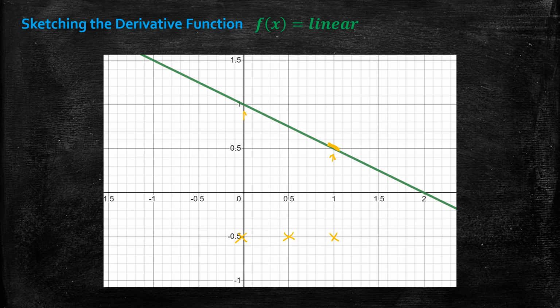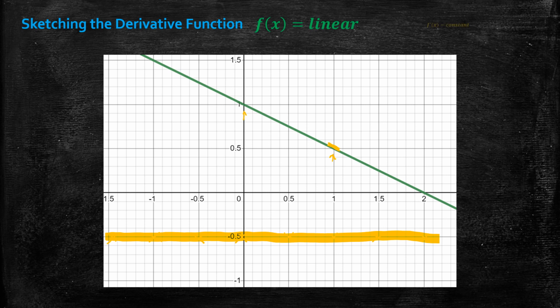Of course, a linear function has a constant slope, so it looks like the form of the derivative of a linear function is also linear, but a particular type of linear. This is obviously a constant function.